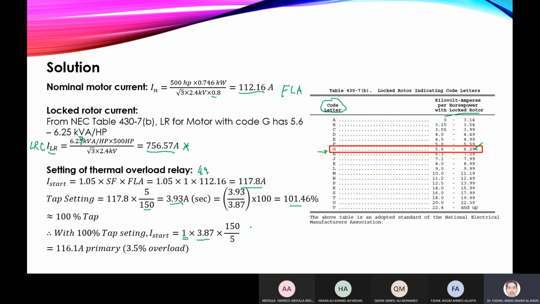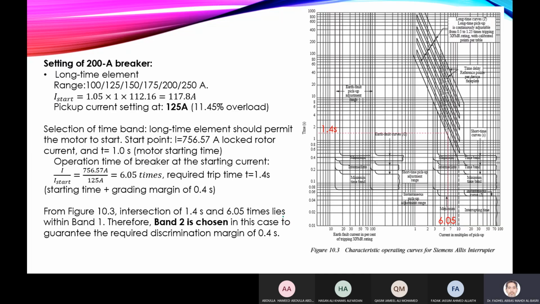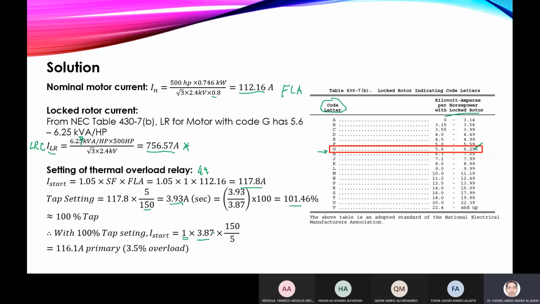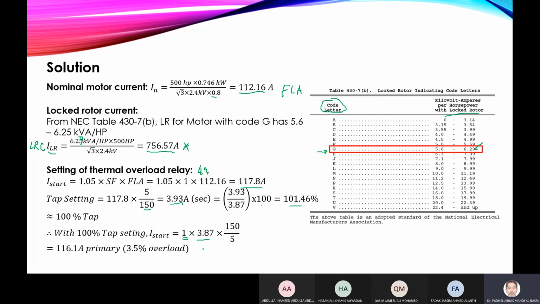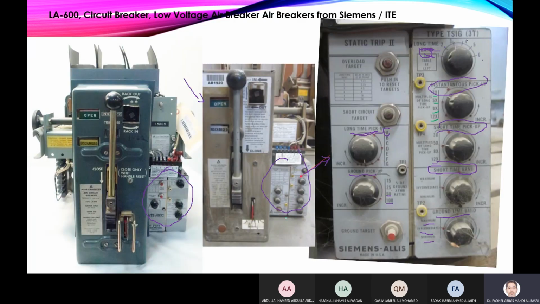So it starts, not trips, and it will take time based on the curve that you will choose now. So how do you choose the curve? You will choose the curve that matches. At the starting current, you should choose a curve that provides a minimum.